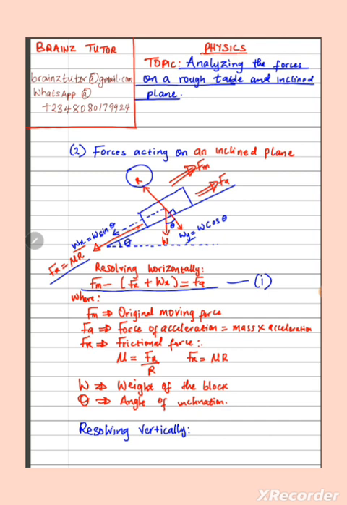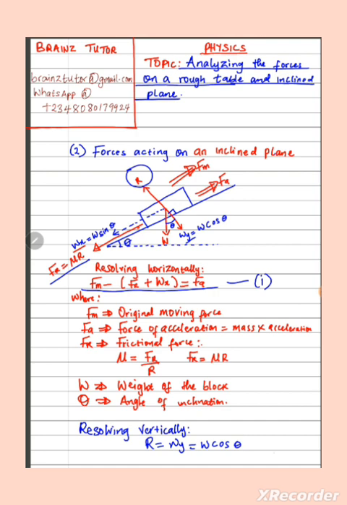R is acting in the upward vertical direction, and Wy is acting in the downward vertical direction. So to balance this force, R needs to be equal to Wy, and Wy equals W cos theta.